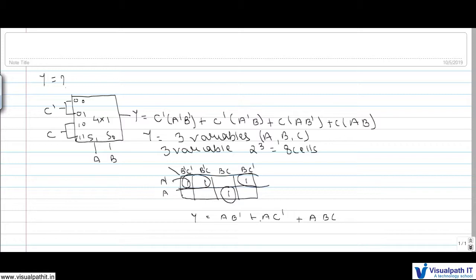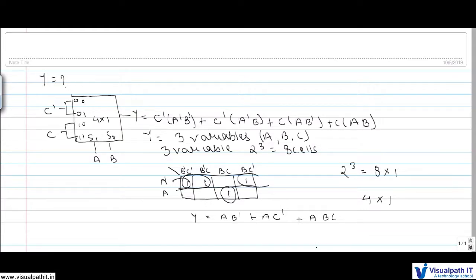Now the main and the important point from here is this actually has 3 inputs, right? So the mux that has to be used is 8 cross 1, but I have used a 4 cross 1 mux here to implement.